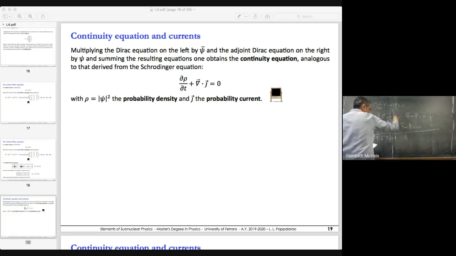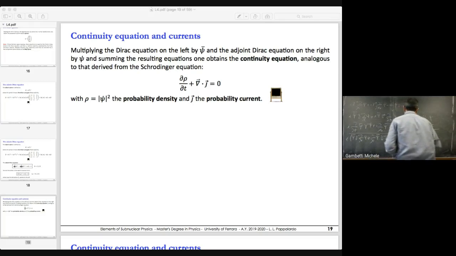Now we add the second terms: i psi bar gamma^k ∂_xk psi plus this one here plus ∂_xk adjoint spinor gamma^k standard spinor. And then these two just cancel. They are the same and they come with opposite sign. So this is just equal to 0.